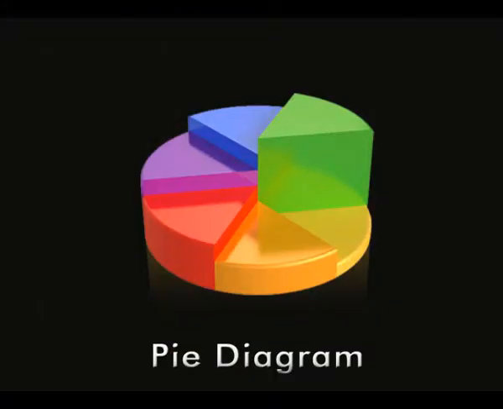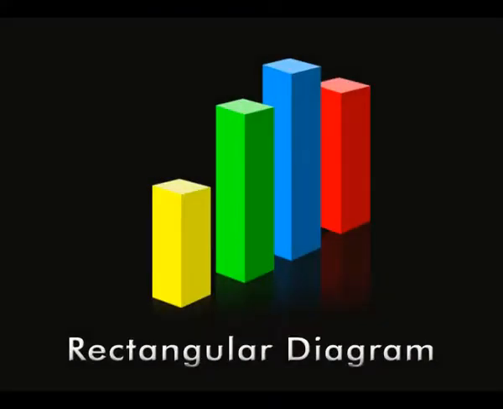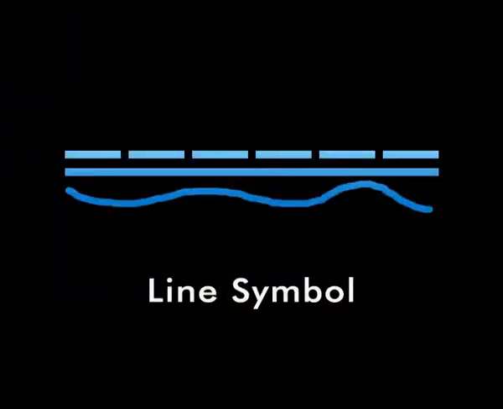Two-dimensional diagrams such as pie diagram and rectangular diagram, and three-dimensional diagrams such as cubes and spherical diagrams are also included in line symbols. Rivers, roads, boundaries of administrative units are also drawn by line, but these are not drawn to scale. Line symbols are also used in many thematic maps.